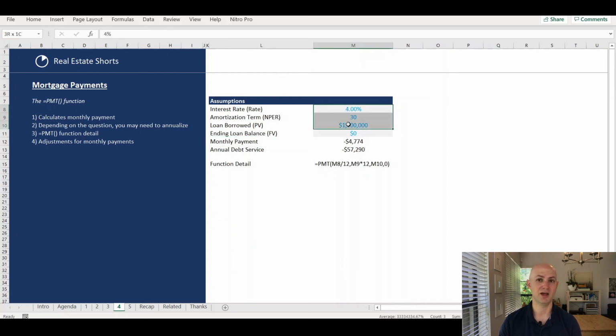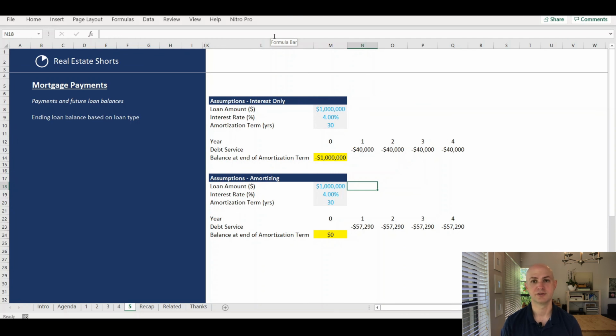And the 4th is implied because we understand that at the end of the 30th year, that ending loan balance will be 0. So again, just to recap, we have rate divided by 12, term times 12, present value, future value, close parentheses within the payment function. And then we multiply by 12 to get an annualized estimate for annual debt service.